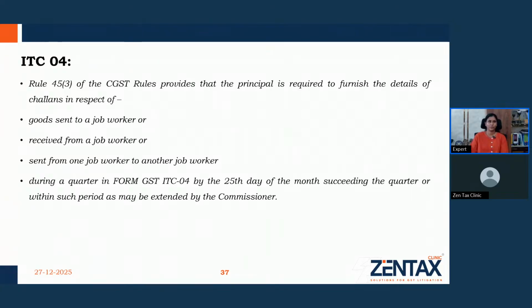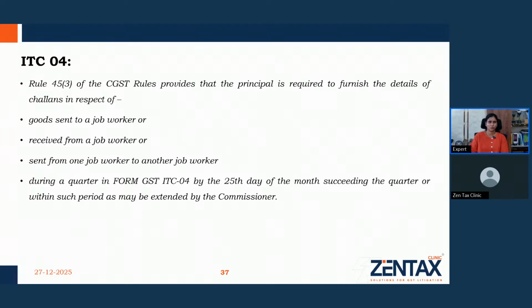In Rule 45 subsection 3 of the CGST Rules, it is given that the principal is required to furnish the details of challan in respect of goods sent to a job worker or goods received from a job worker or sent from one job worker to another job worker during a quarter in form ITC-04 by the 25th day of the month succeeding the quarter, or within such period as may be extended by the Commissioner.